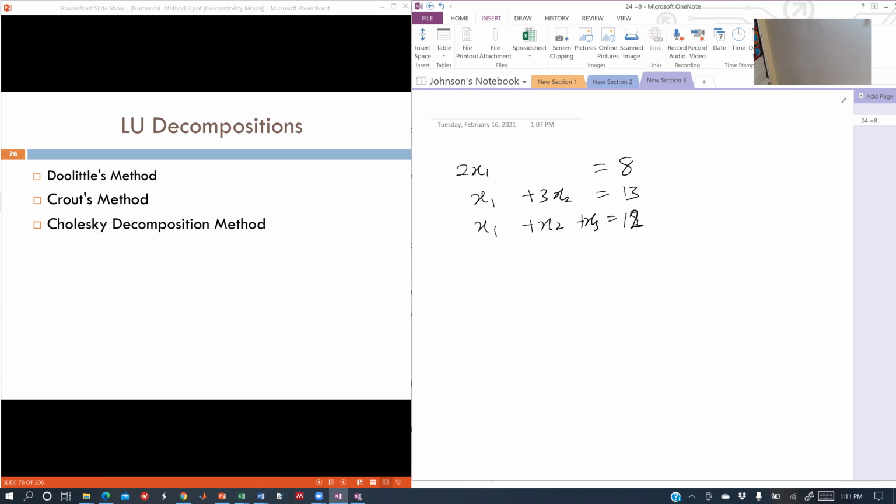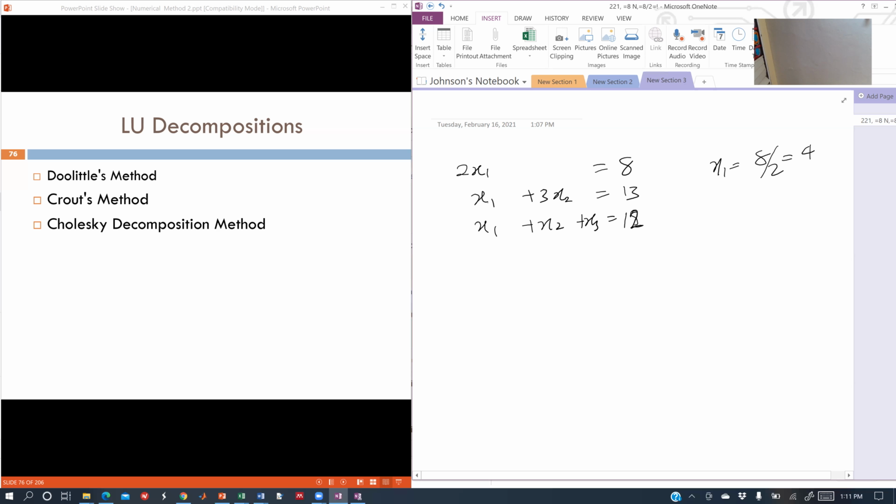With this particular system, everyone agrees with me that solving the system is very easy. Why is it easy? Because I can just solve by way of forward substitution, where from the first equation I can easily solve for x1, which gives 8/2, that gives me 4.